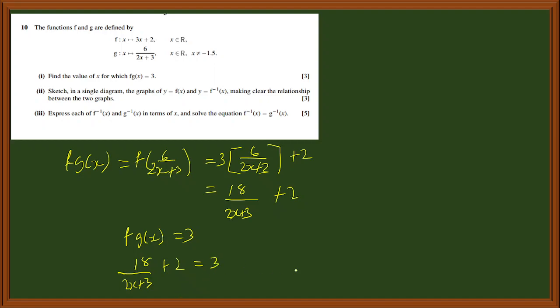So we will solve this equation by taking 2 to the left hand side. So we have 18 over 2x plus 3 is equal to 3 minus 2. We get 18 over 2x plus 3 being equal to 1.